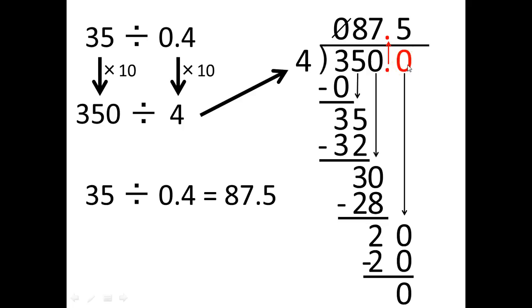Remember, we're not changing the value, so we're technically not changing the number. That way you can continue the long division process. And the last thing that I want you to be careful about is that when you add this 0.0 to the dividend, make sure you also add the decimal point in your quotient as well.